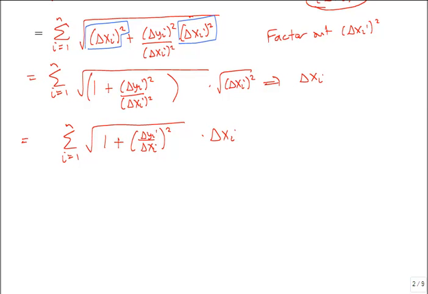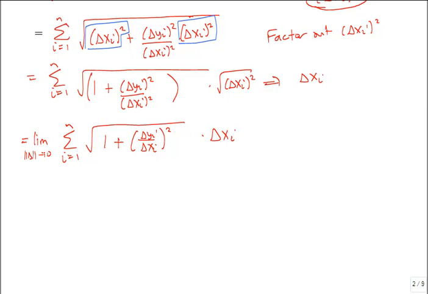Now how do I turn that approximation into the actual arc length? Well, that requires a limit. So I'm going to need to take a limit here. And it depends on our partition. If we're using a Riemann sum type of partition, then you need to ensure that the greatest partition has a length that's going to 0. We call that the norm. So the norm needs to go to 0.